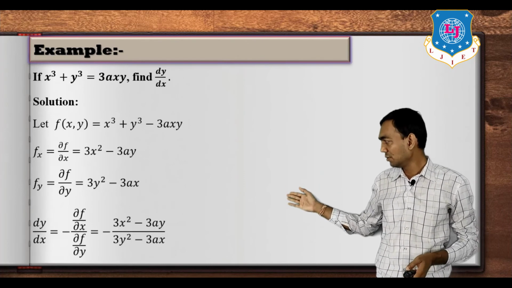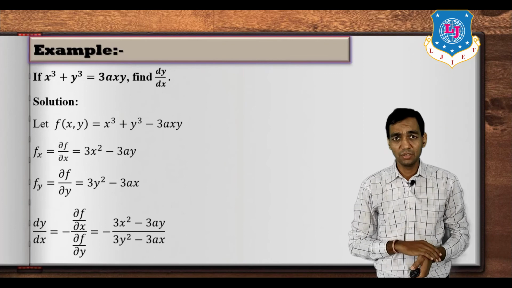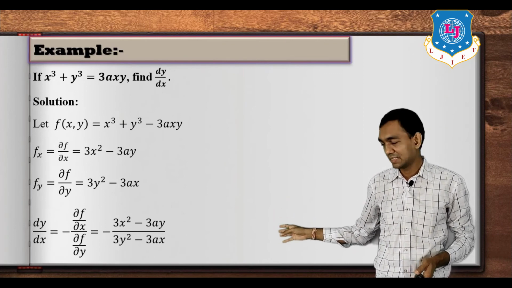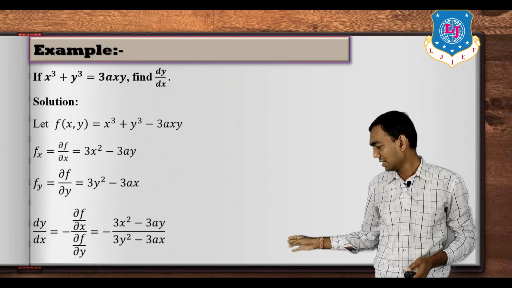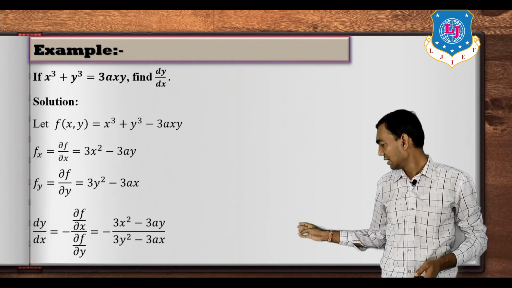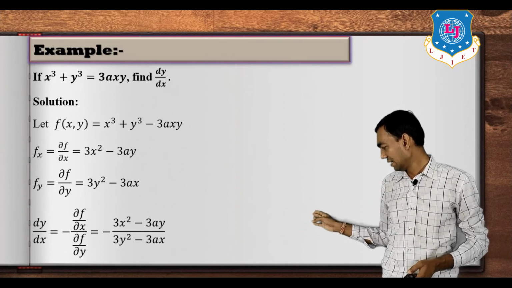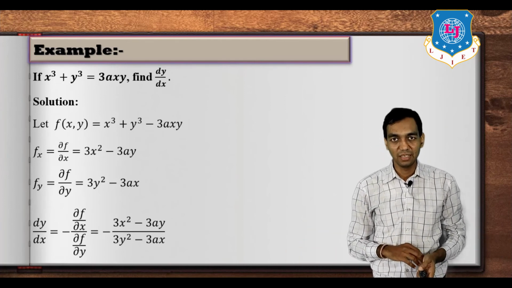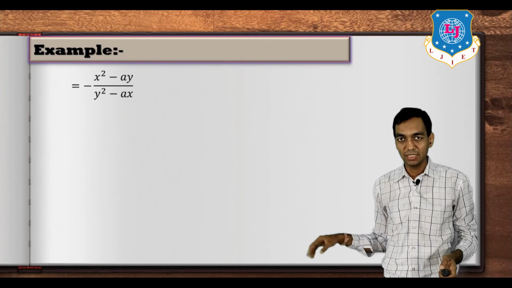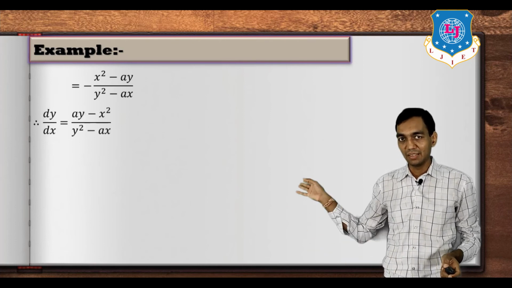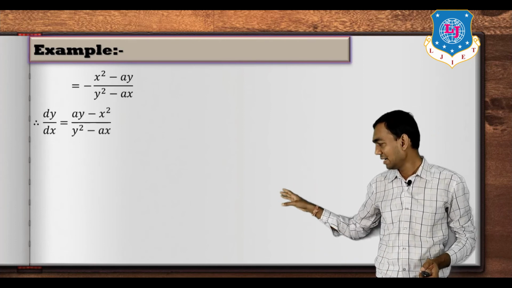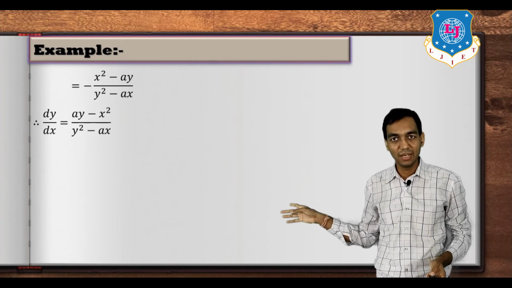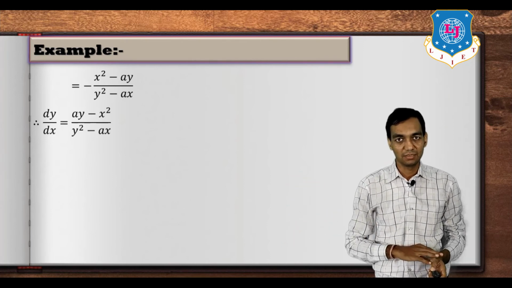And putting both values in the derivative, dy/dx is equal to minus ∂f/∂x divided by ∂f/∂y, and that is minus of (3x square minus 3ay) divided by (3y square minus 3ax). 3 common out and cancel, and multiplying minus inside, that will give you dy/dx is equal to (ay minus x square) divided by (y square minus ax).